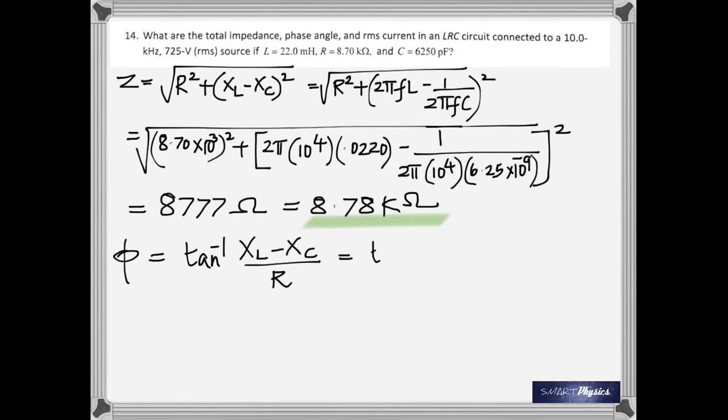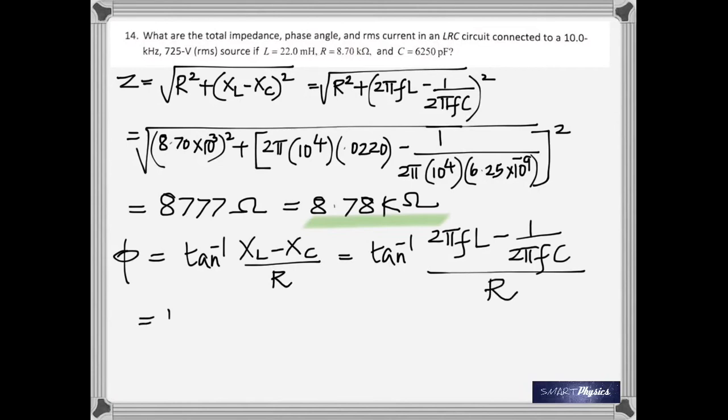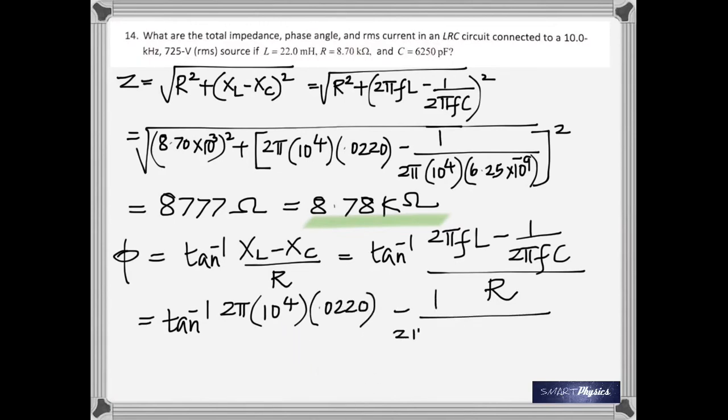And now this is an important problem because it deals with an LRC circuit, and you actually have to calculate everything. So once again, when you substitute for XL and XC, you get, that's the frequency, 10 to the 4, inductance, minus 2 pi, again the frequency times the capacitance.